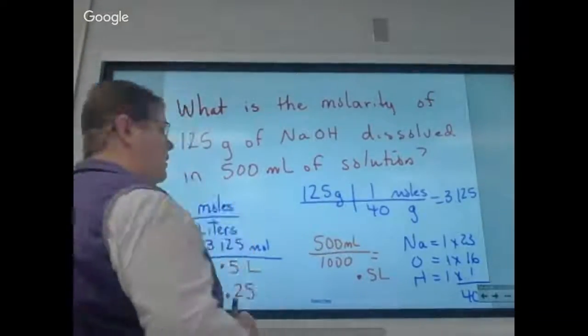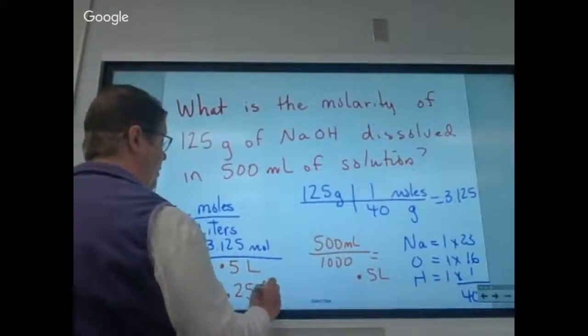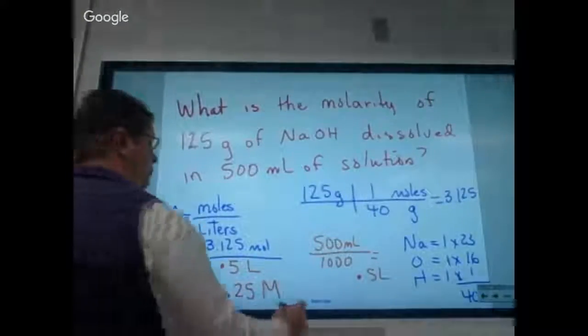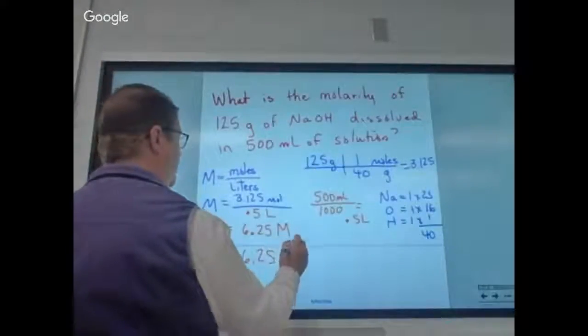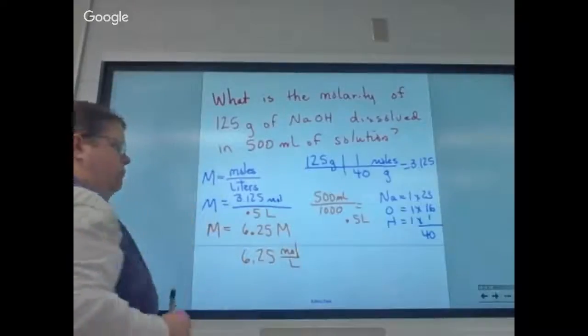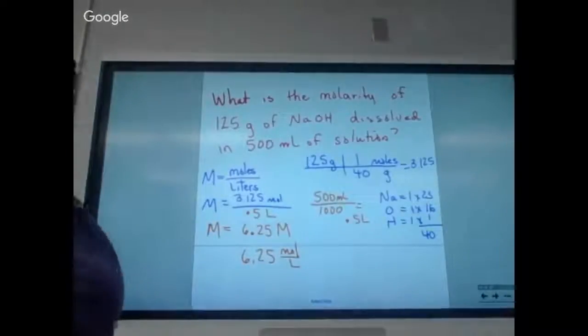You can write your units as either big M or 6.25 moles over liters. That's the way I tend to write them.